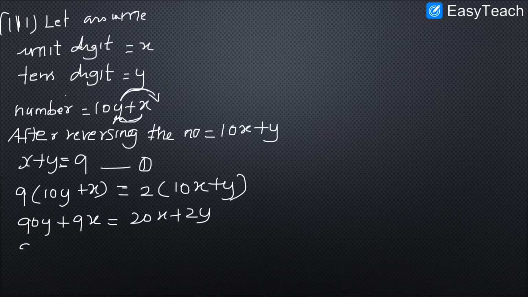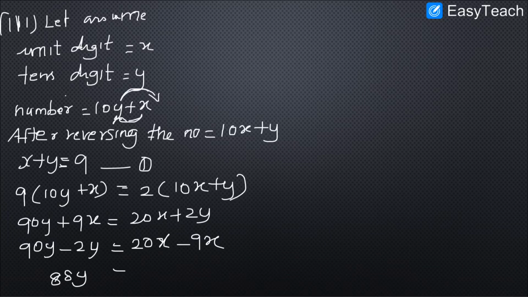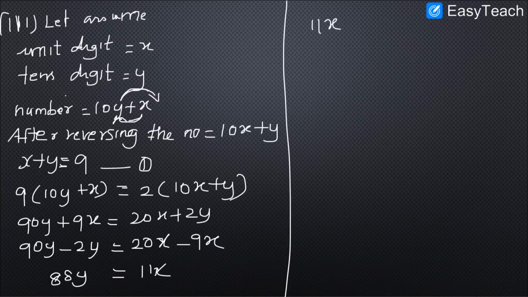So let's rearrange all the x and y terms. I bring 2y to this side, so 90y minus 2y equals 20x minus 9x, which is 88y equals 11x. Still not in the standard format, so let me write 11x minus 88y equals 0.